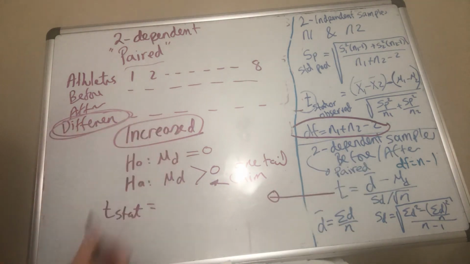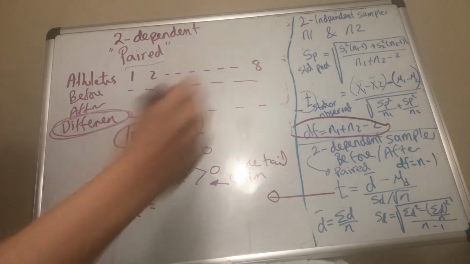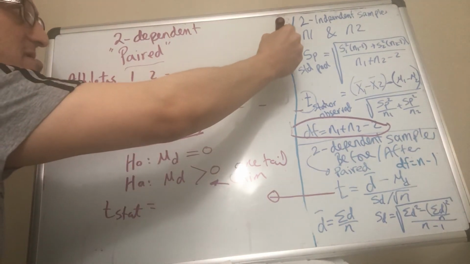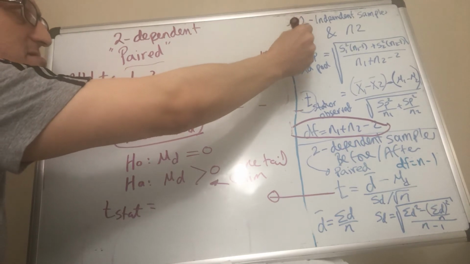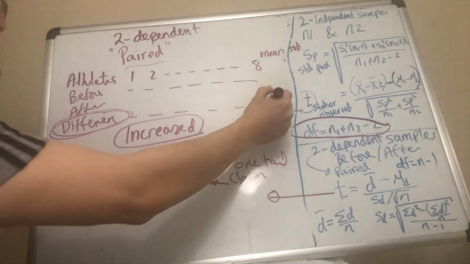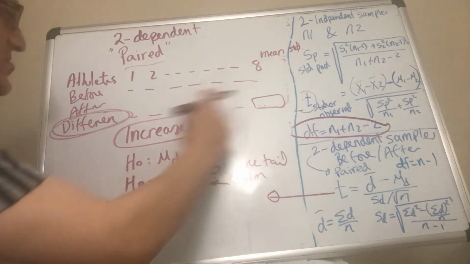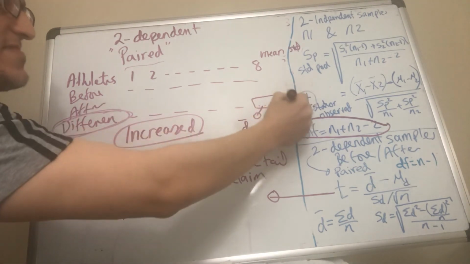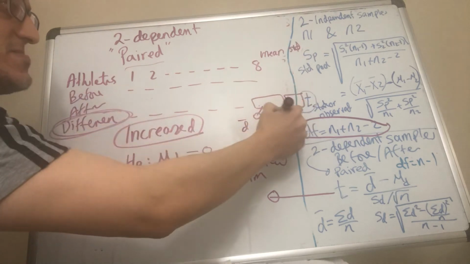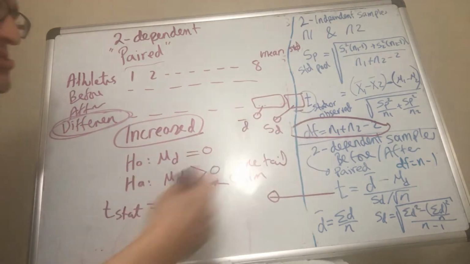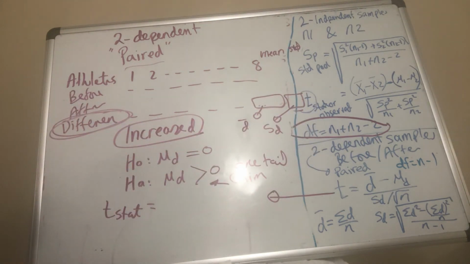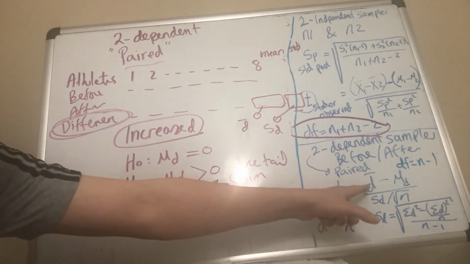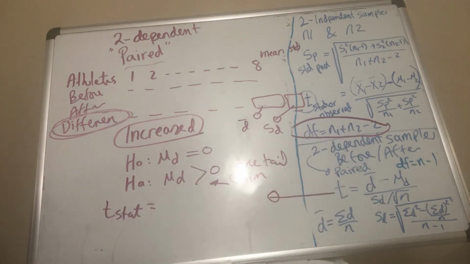That's why you need this line. If you go up to the question, you'll see there is a mean and standard deviation. You need the mean for the difference, that's your D bar. And the standard deviation for the difference, that's your SD. Both of them, D bar and SD, are part of the formula.